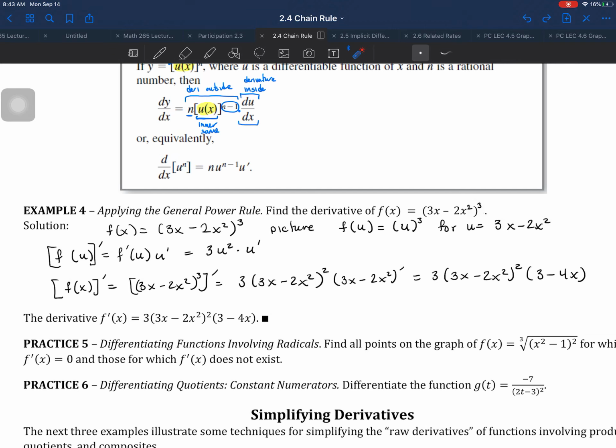That usually gives it away. So this is telling me that this must be my inside function, and it is. So I'm going to let u be 3x minus 2x squared.